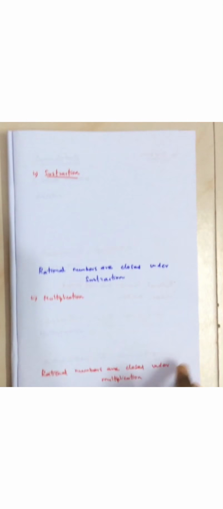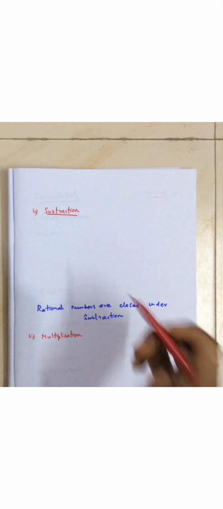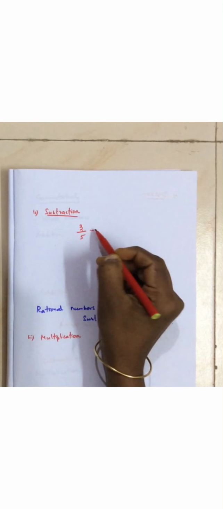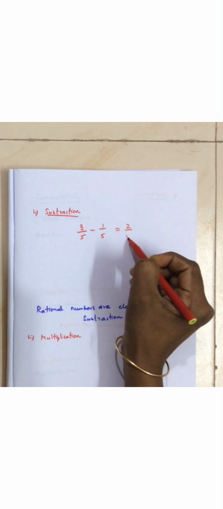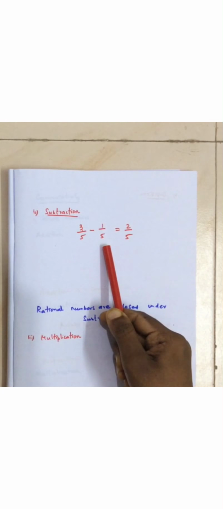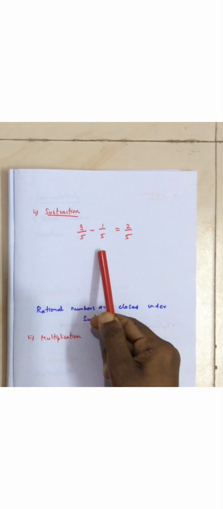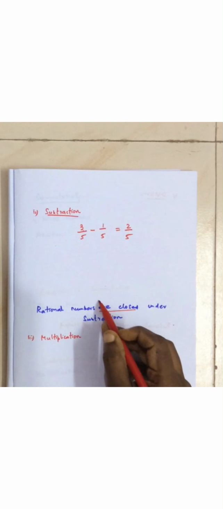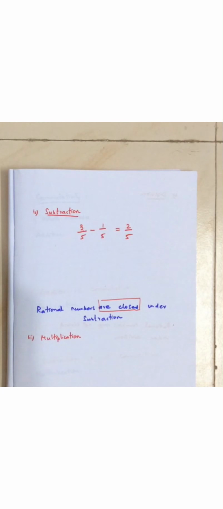The next thing is subtraction. Take rational numbers, for example 3 by 5 minus 1 by 5, which gives 2 by 5. So 3 by 5 is a rational number, 1 by 5 is a rational number. When you subtract two rational numbers, the answer is 2 by 5, which is also a rational number. So rational numbers are closed under subtraction. Next thing is multiplication.